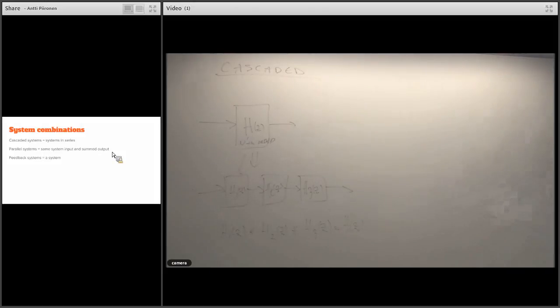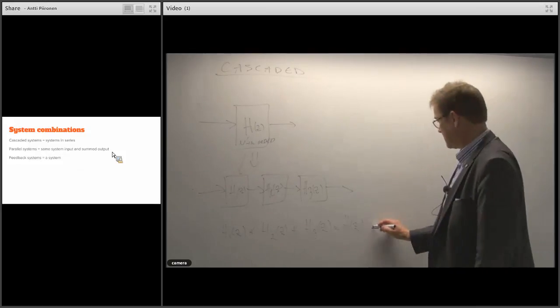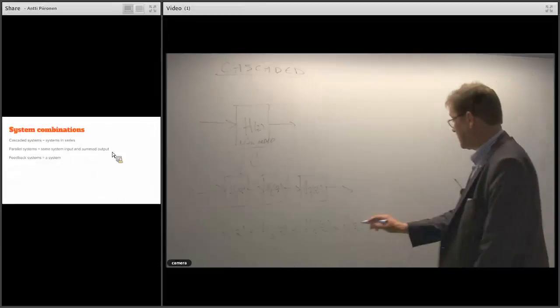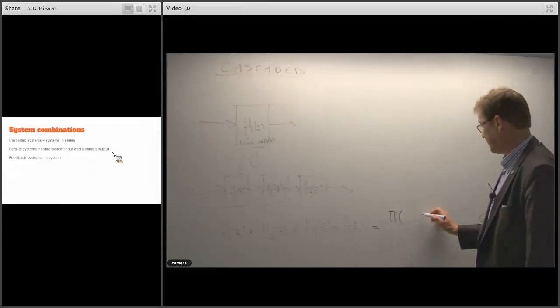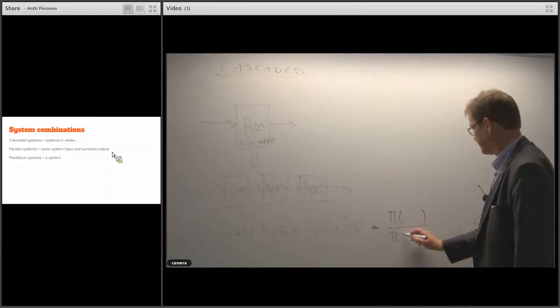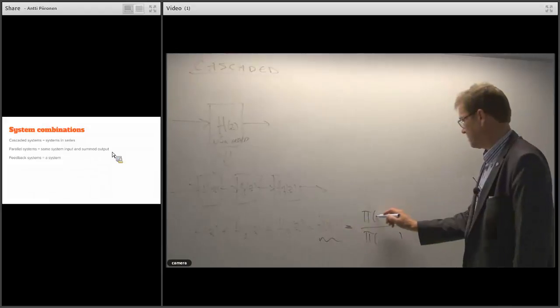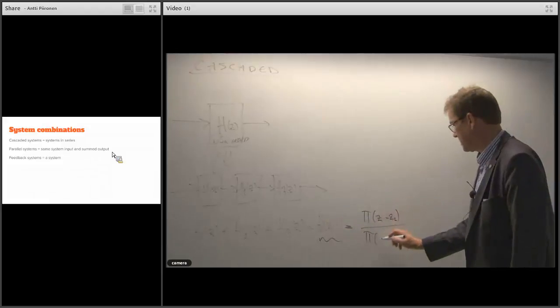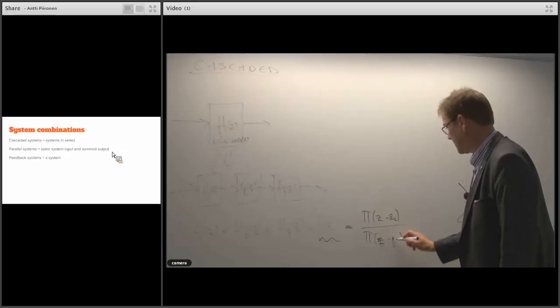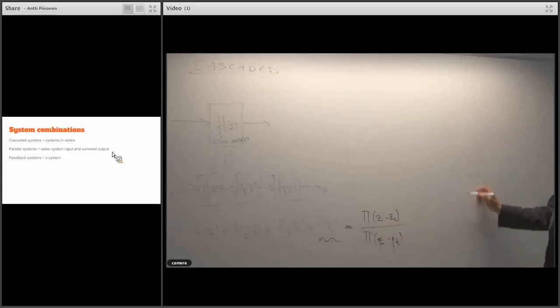Why can we do that? Of course we can. Well, remember this form, the product form of H(z): z minus z_k over z minus p_k. You have the zeros and poles, for example, something like that.